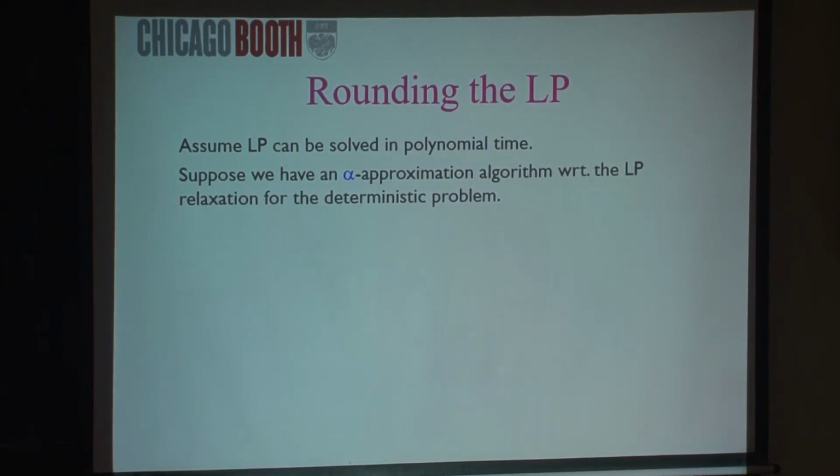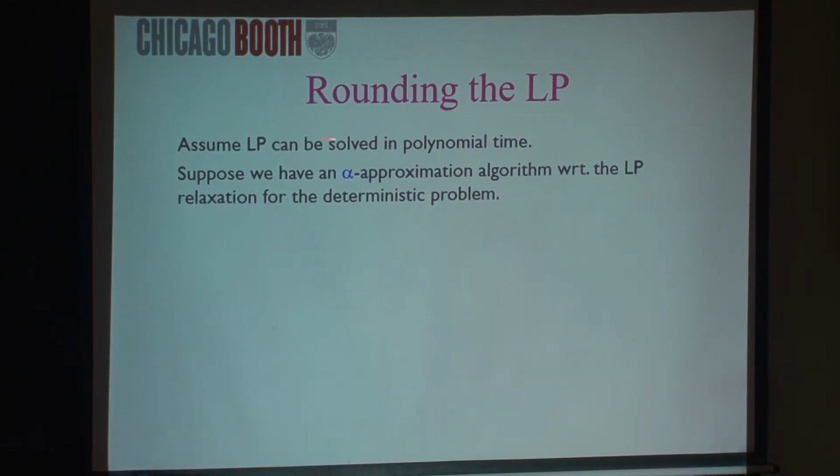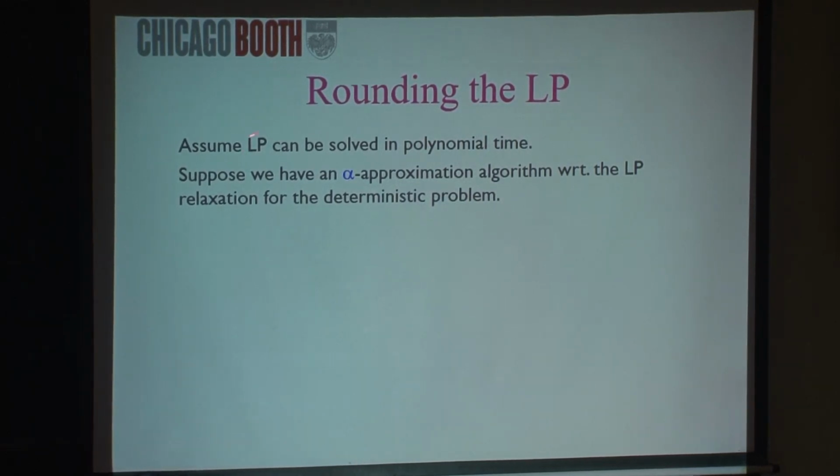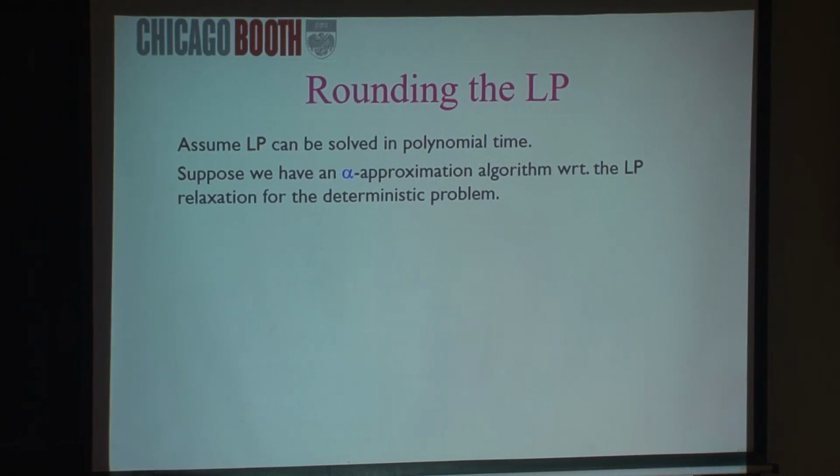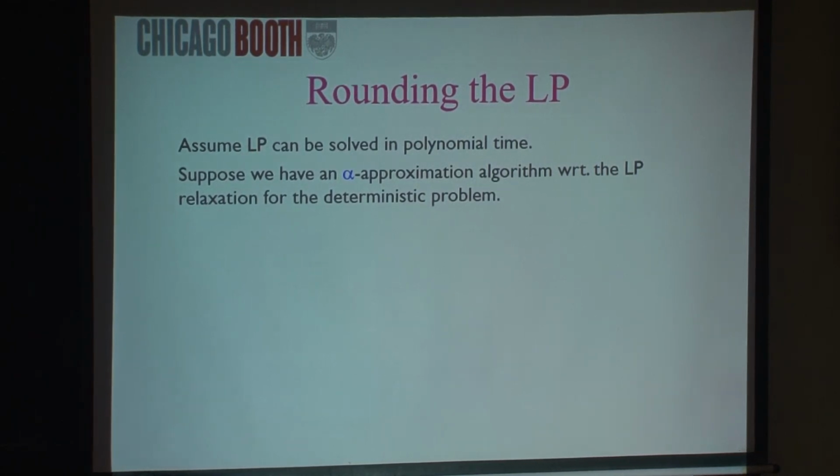It starts by observing that if you have a solution to a linear program for an integer problem, well, we're going to assume that the linear program can be solved in polynomial time. So if I can set it up with linear programs, then I know that I can solve those in polynomial time.